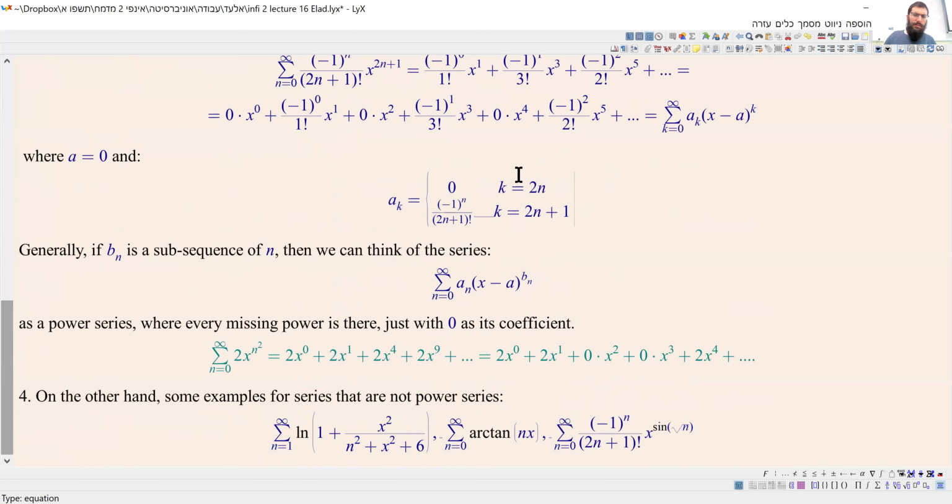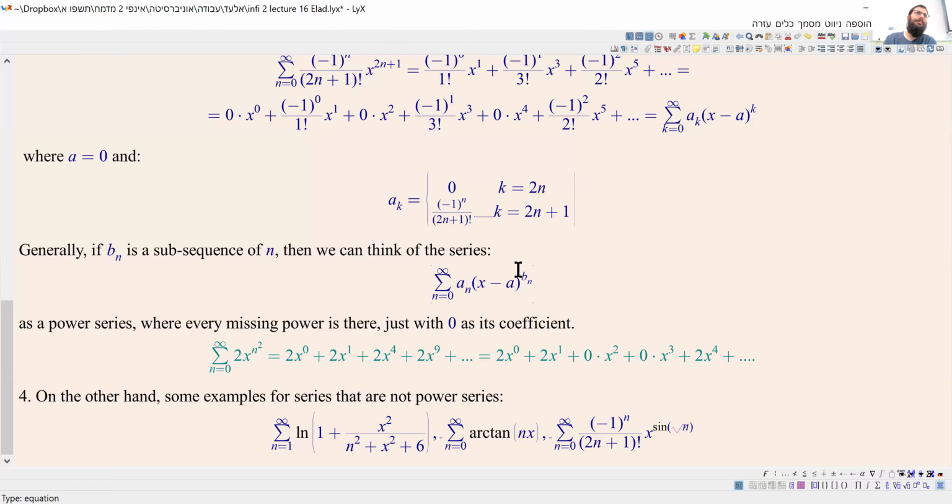We concluded that if it is not all the natural numbers, just a subsequence of them, only the squares, only the odd numbers, then it is also fine, because whenever a power is missing, it is there, just with coefficient 0.